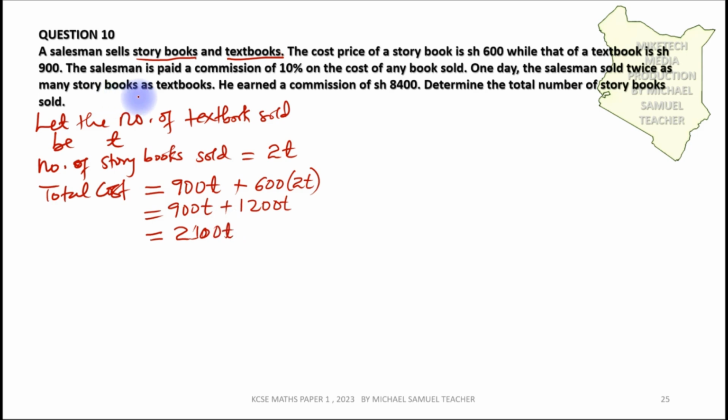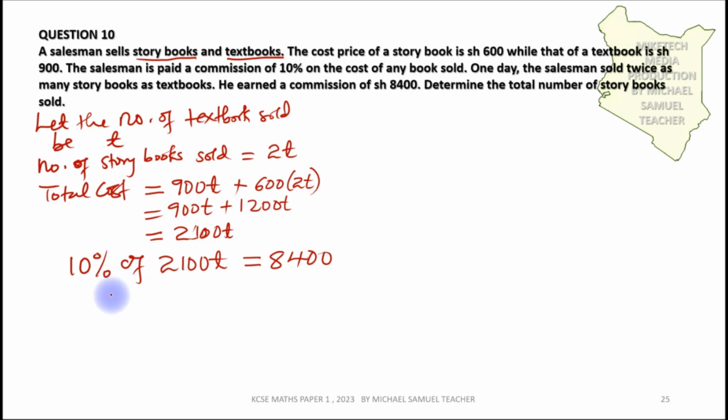Therefore, the salesman is paid a commission of 10% on the total cost of any book sold. So in this case, he'll get 10% of 2100T shillings. And in this case, the time he sold the books, he got a commission of 8,400. Therefore, that was the 10% of the total cost sold.